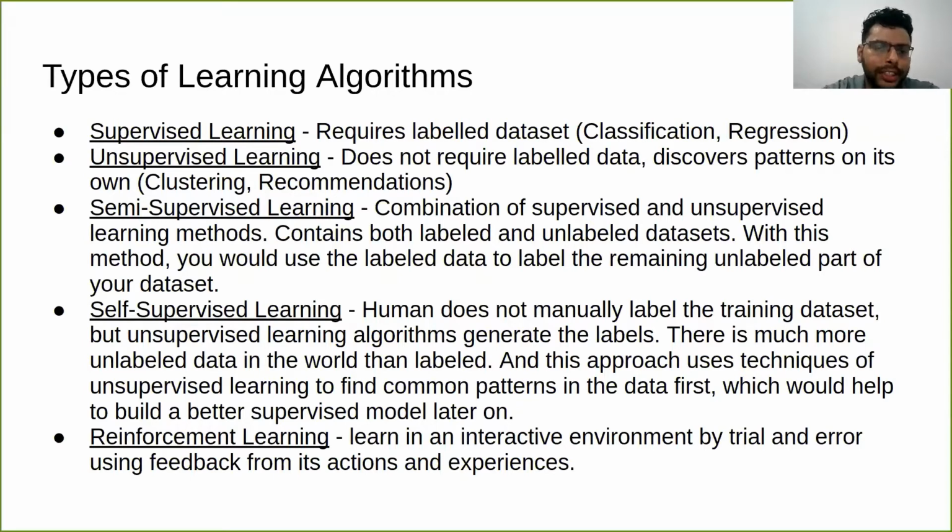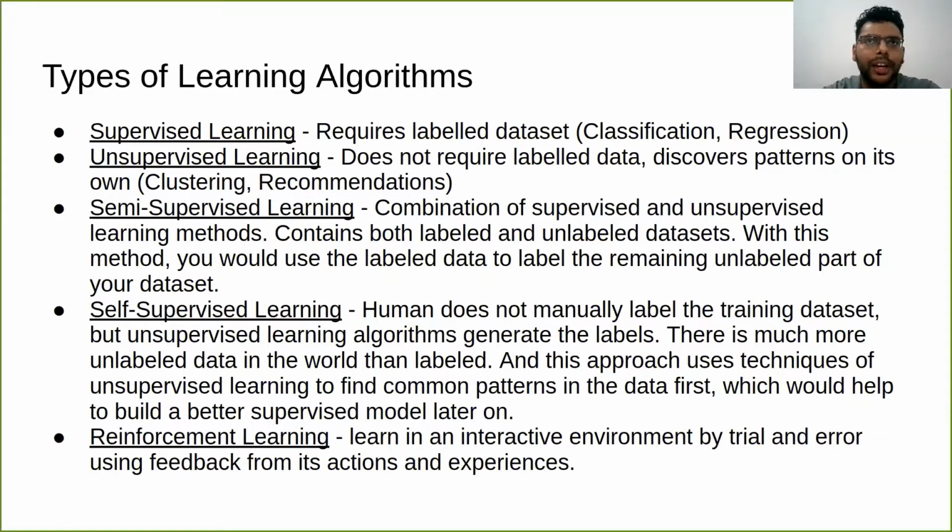So there is something called semi-supervised learning. This is a combination of supervised learning and unsupervised learning methods, meaning it contains both labeled data sets as well as unlabeled data sets. The idea of semi-supervised learning is using the labeled data set, we try to label the remaining unlabeled data set. Why do we need semi-supervised learning?